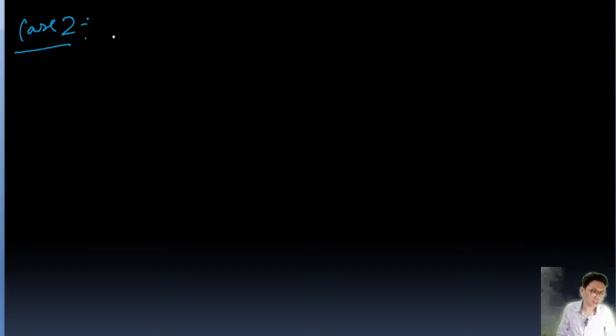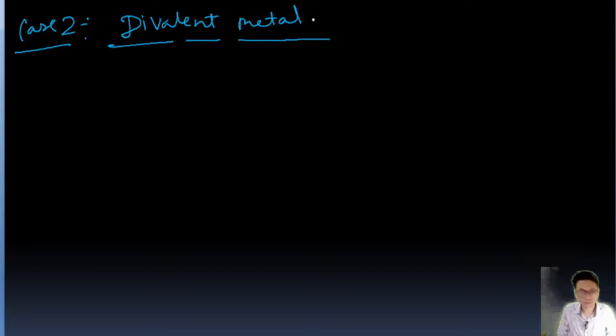Case second is for divalent metal, that is 2 electrons, right? I am talking about two electrons per atom for a divalent metal.